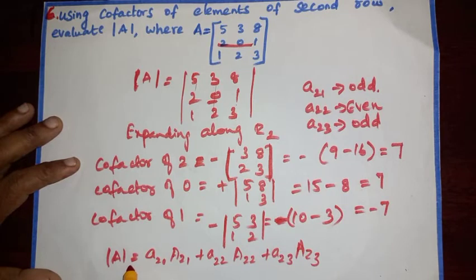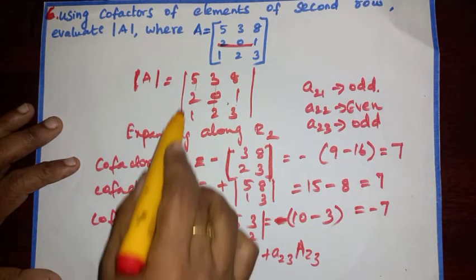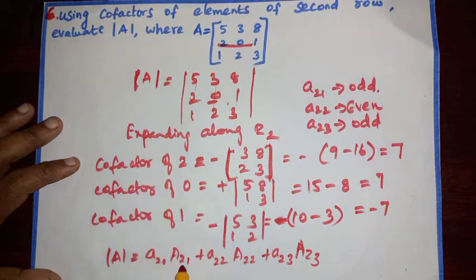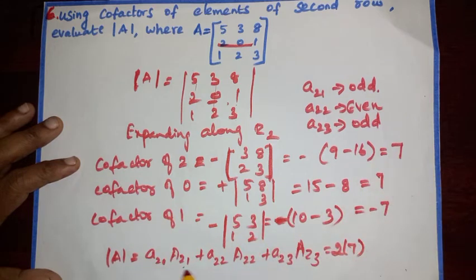Determinant of A. We are going to expand along R2, which is equal to A21 into cofactor of A21, plus A22 into cofactor of A22, plus A23 into cofactor of A23. A21 is 2, cofactor is 7, 2 into 7.